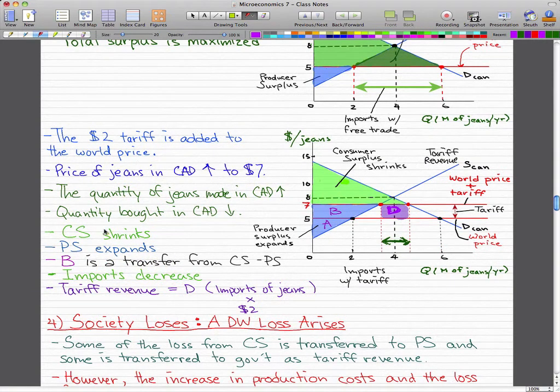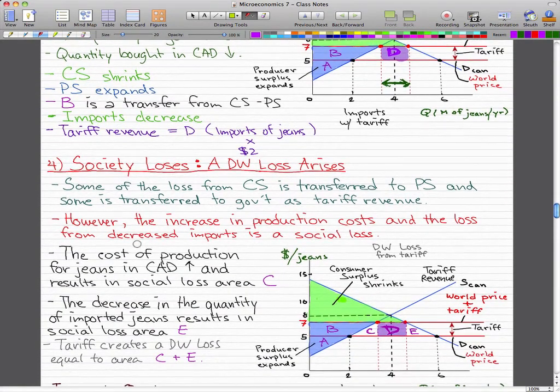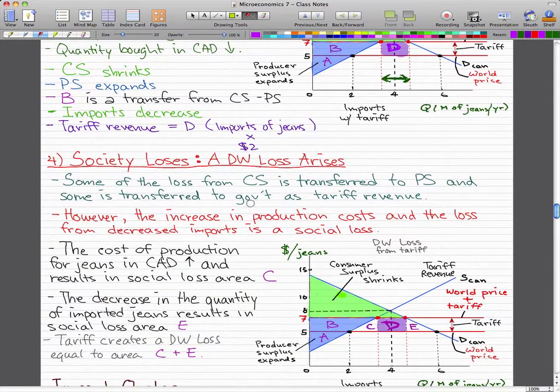And the last part is the society loses and a deadweight loss actually arises. So some of the loss of consumer surplus transferred to producer surplus, and some is transferred to the government as tariff revenue. However, the increase in production costs and the loss from decreased imports is a social loss.